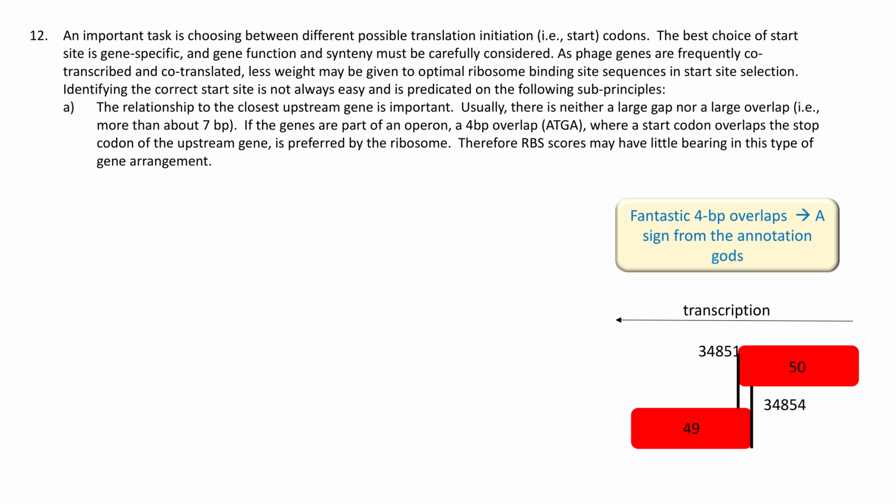For example, if this start doesn't have the best Shine-Dalgarno sequence of all the possible starts, the fact that it's a 4 base pair overlap outweighs the poorer ribosome binding or Shine-Dalgarno sequence score.